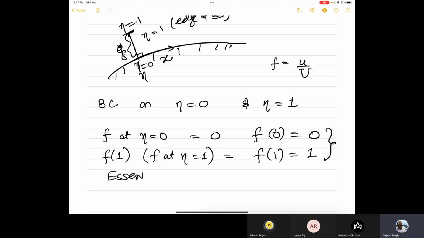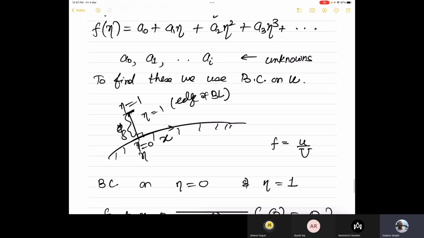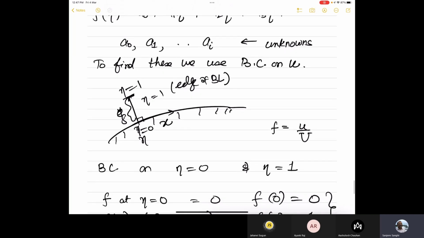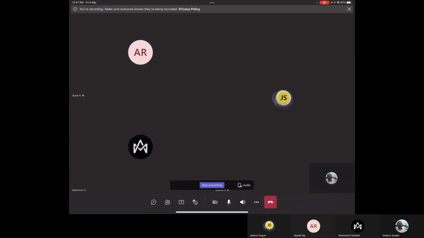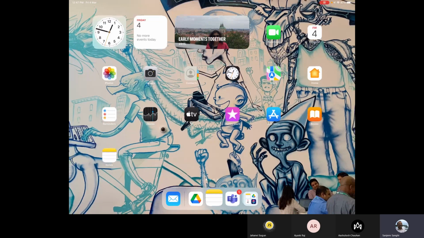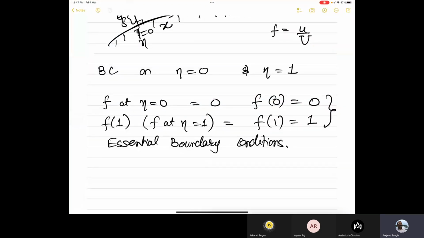So these two boundary conditions are what we write as essential boundary conditions. When you use different types of profiles, you will have to use many boundary conditions, but these two have to be satisfied. That is why we call them the essential boundary conditions.